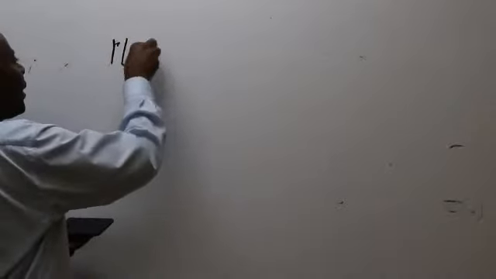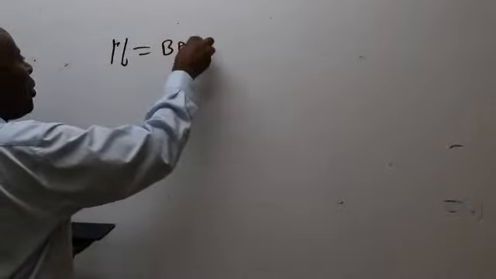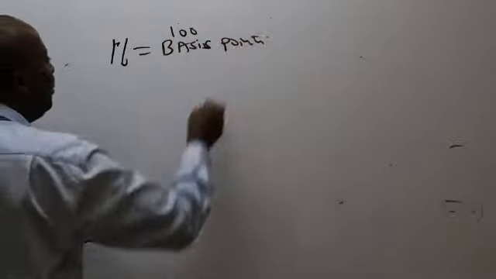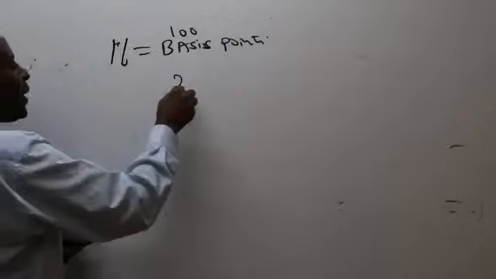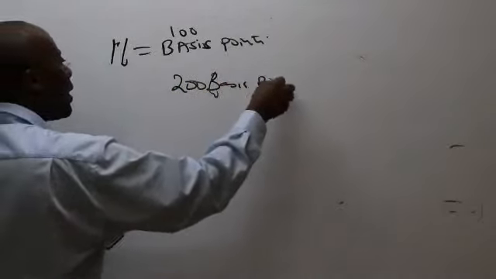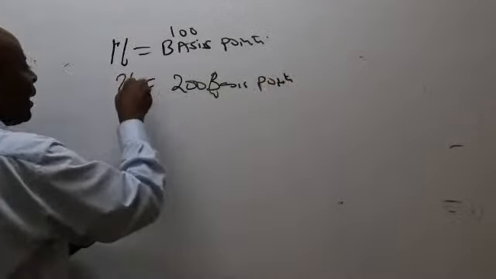So one thing you're supposed to know is that 1% is always equal to 100 basis points. So 200 basis points are the same as 2%.